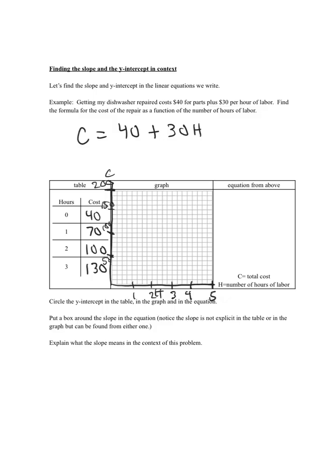0, 40 would be right about there. Then 3, 130, or maybe 2, 100 would be a little bit easier to draw, because that's right on the axis there. All right. And remember we said 5 would be 150 plus 40, which would be 190.